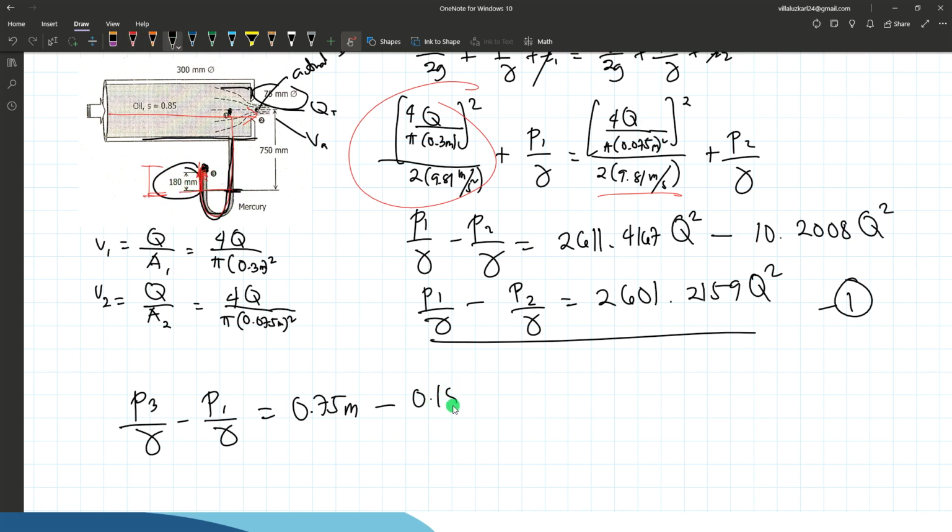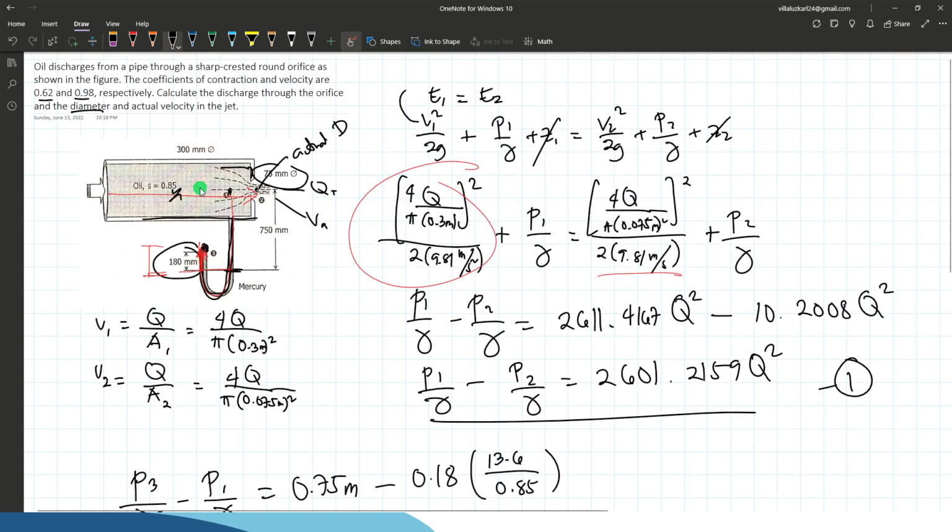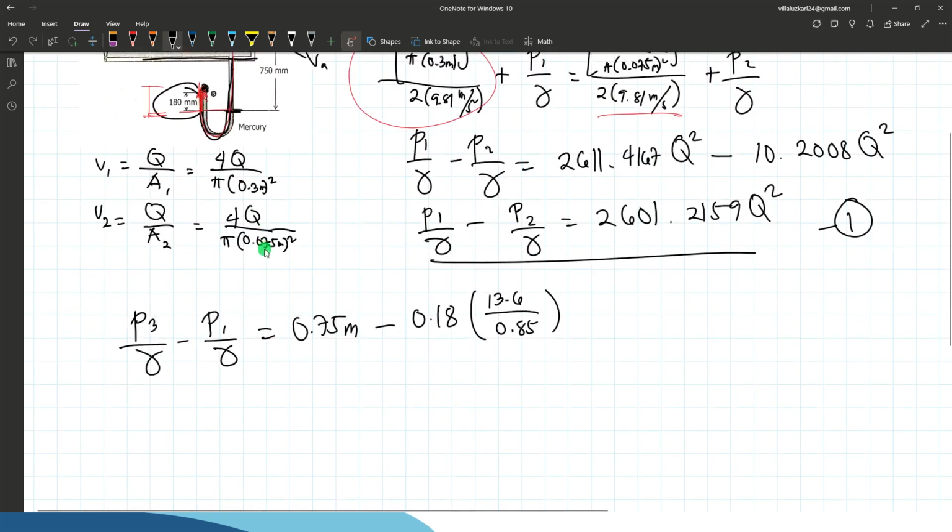So 0.18. Since this is mercury, we have to convert it to oil, so this is multiplied by the specific gravity of mercury over the specific gravity of oil, 0.85, which is given. The pressure at point 3 is an open surface in this figure, so the pressure at point 3 is 0.